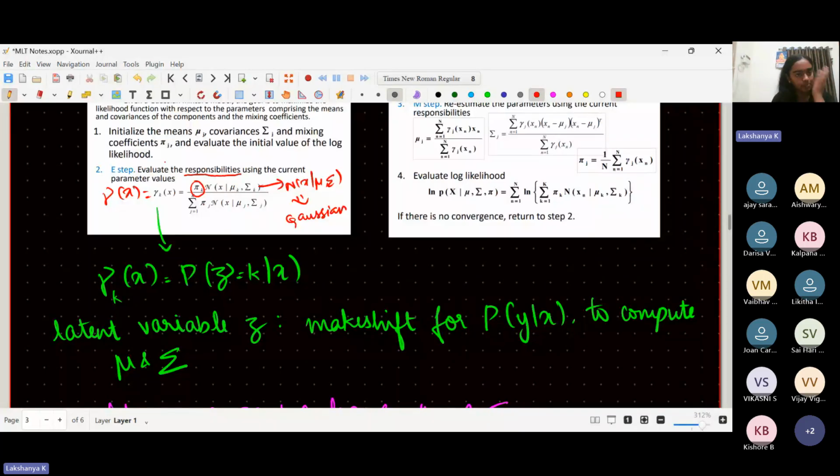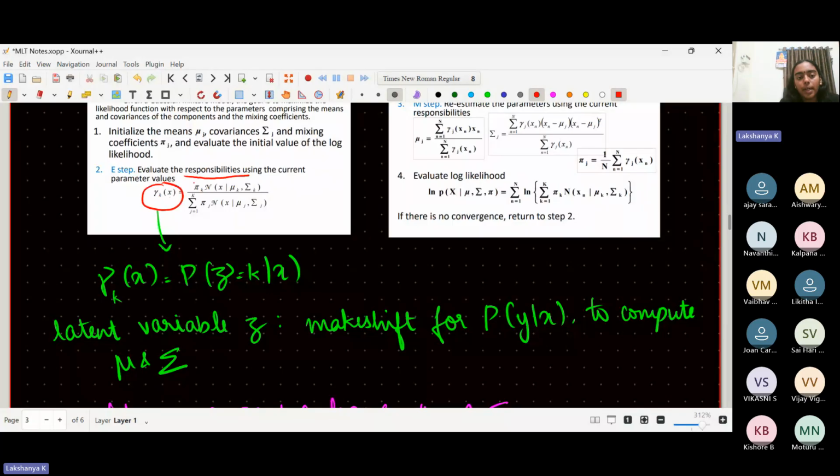Let me repeat this. In the EM algorithm we start with random initializations of mu and sigma and some weights pi k. I'll tell you what these weights are in a minute. We first compute the responsibility term, denoted gamma k of x, for data point x and class k.